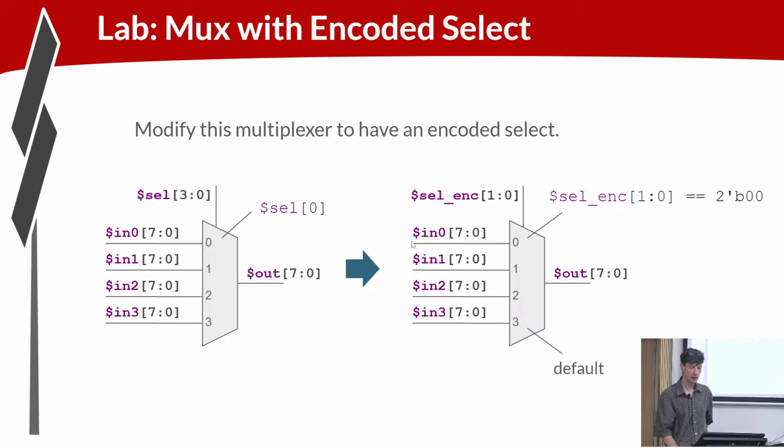The select then for case 0, in 0, is that the encoded select has a value 00. So the condition for the ternary that's selecting in 0 becomes encoded select is equal to a 2-bit binary 00, and then likewise for the others. Okay, so try to transition your mux from one-hot to encoded select.